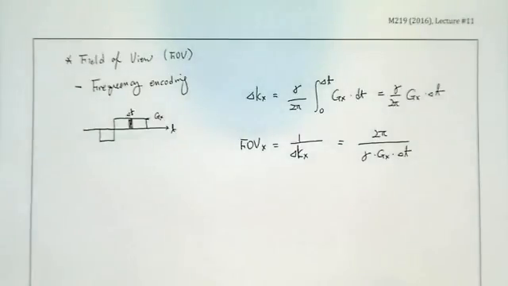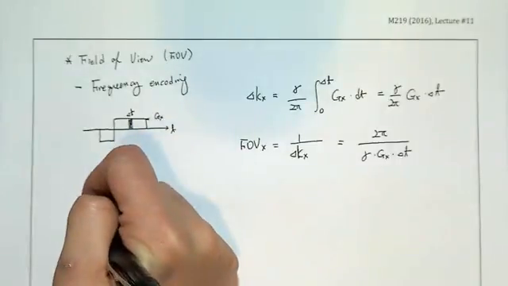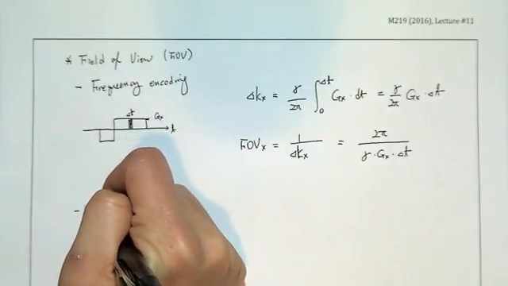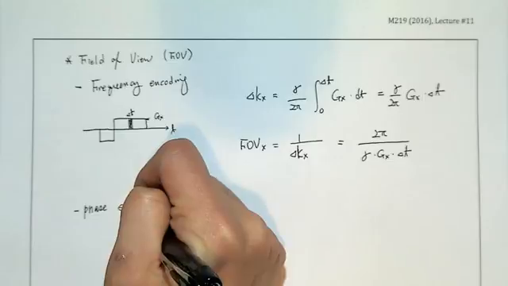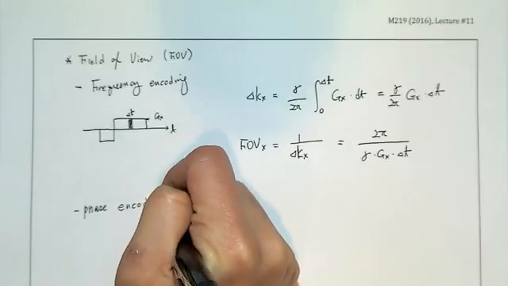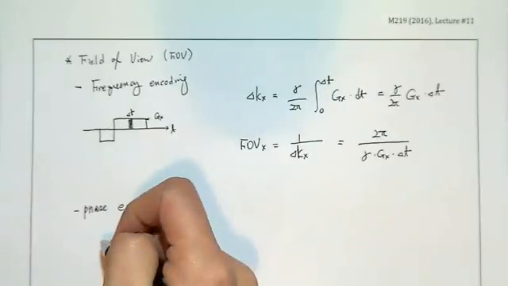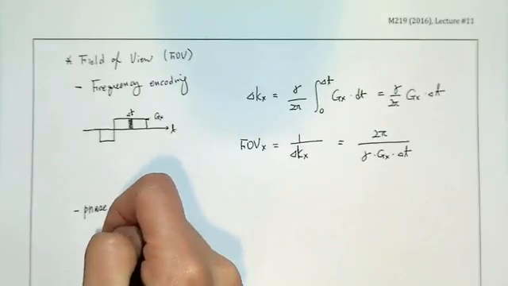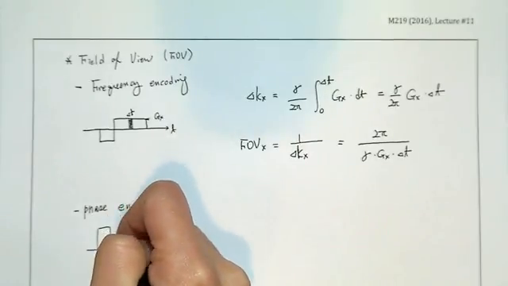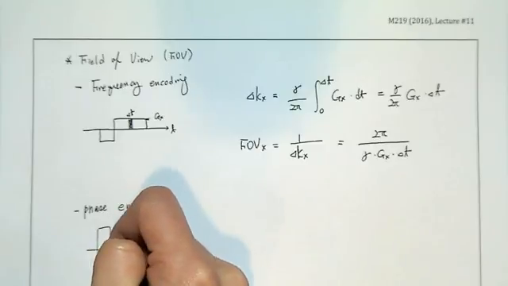So the next one is the phase encoding correction. The phase encoding looks like this, right? And for every line, you have a different amplitude.